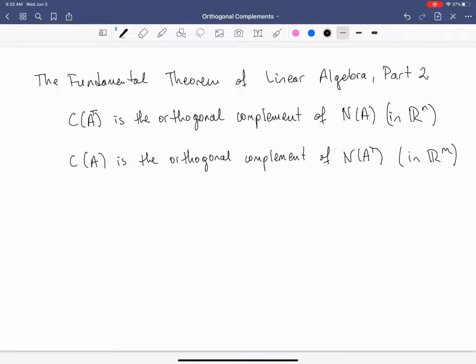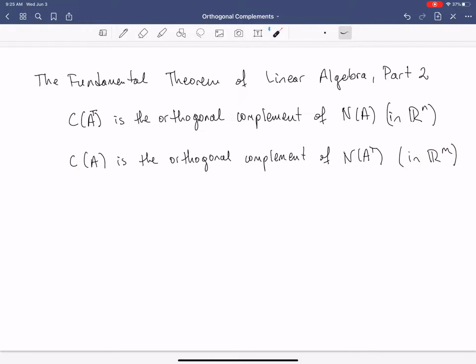And similarly, the row space and the null space completely describe Rn, meaning I can take a basis for the row space and a basis for the null space, and that will give me a basis for the entire space Rn. And I can take a basis for the column space and a basis for the left null space to get a basis for the entire space Rm.